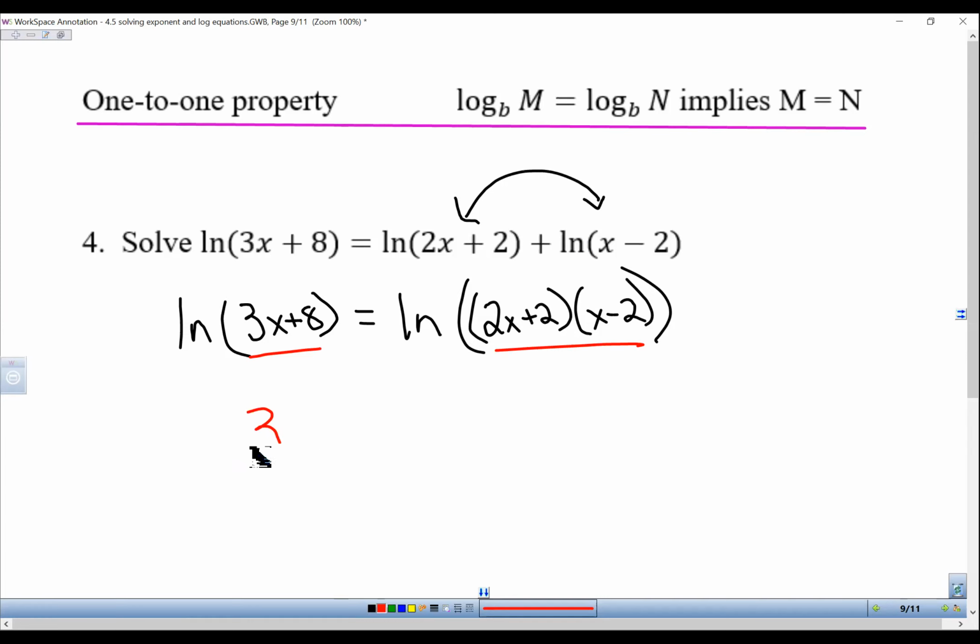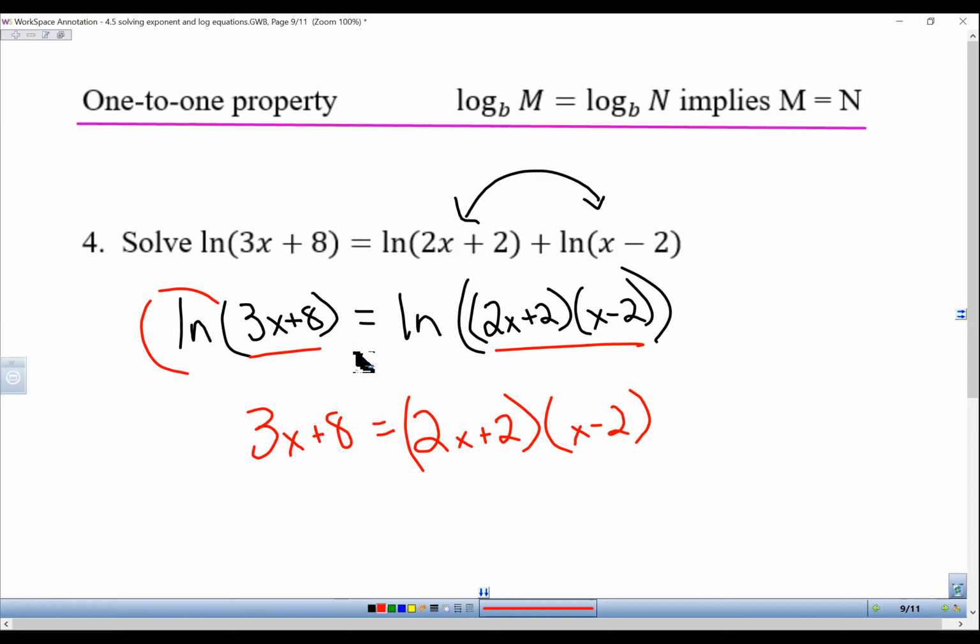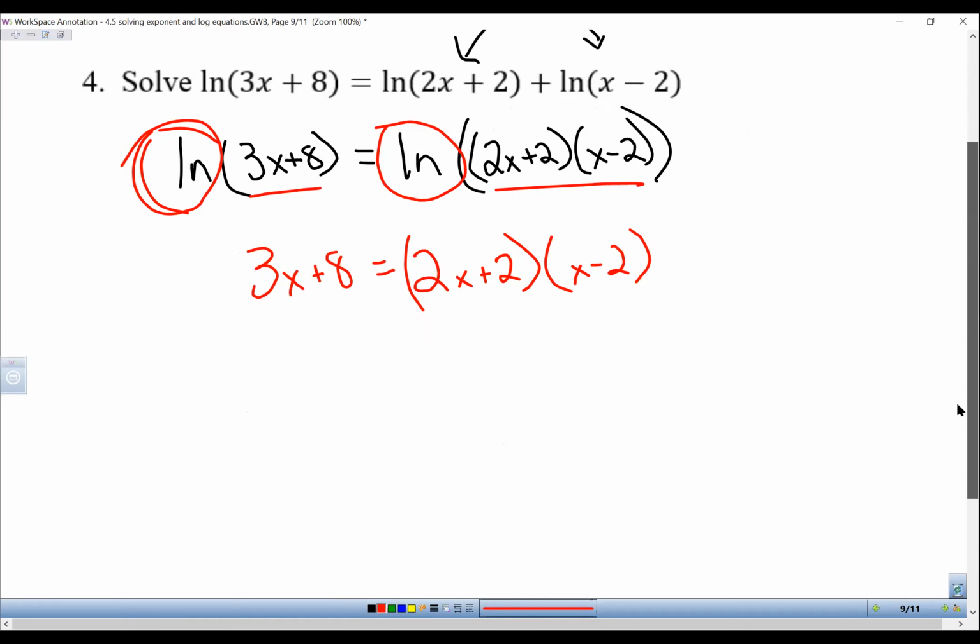So 3x plus 8 has to equal 2x plus 2 times x minus 2. So basically, you can think of it as you're just dropping the log part of it and keeping the values because they're equal. Okay, so we need to multiply this.